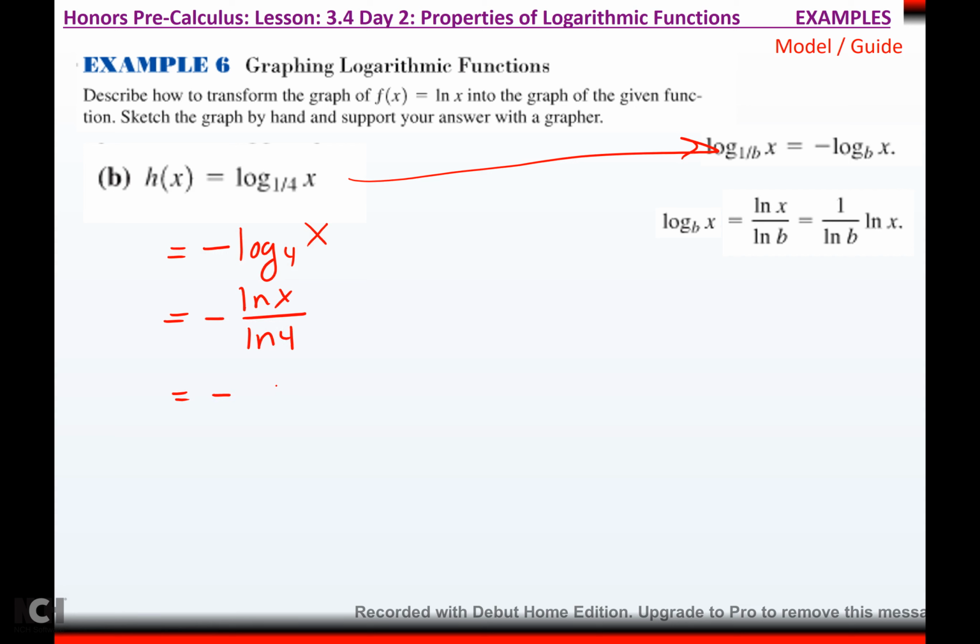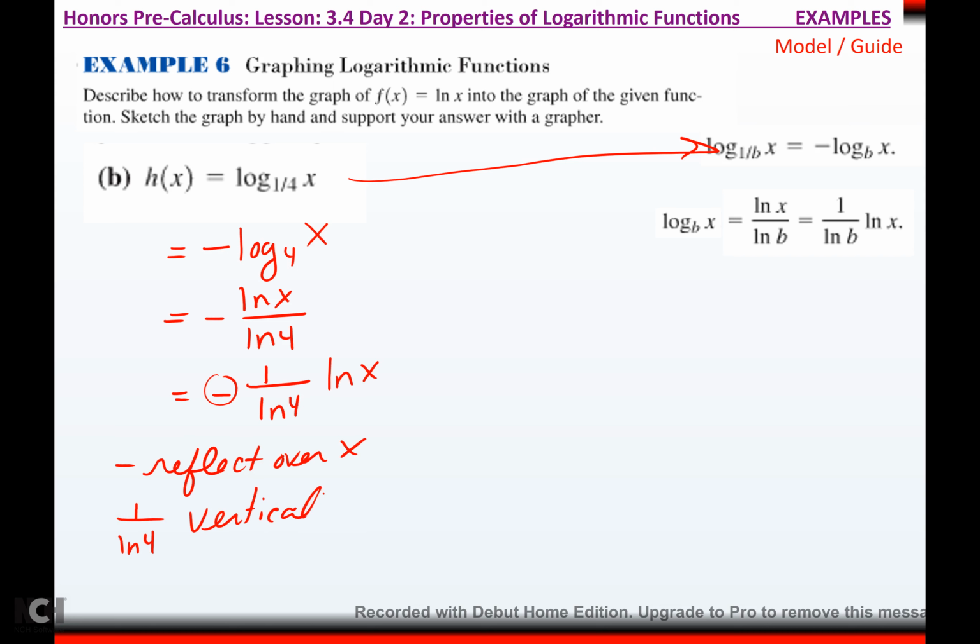And I can write that as negative 1 over the natural log of 4 times the natural log of x, which means this negative is going to reflect over x, and the 1 over ln 4 is going to be a vertical, I don't know if it's going to be a stretch or a shrink, let's see, 1 divided by ln 4, and you get, it's going to be a shrink of 0.5721 and so on.